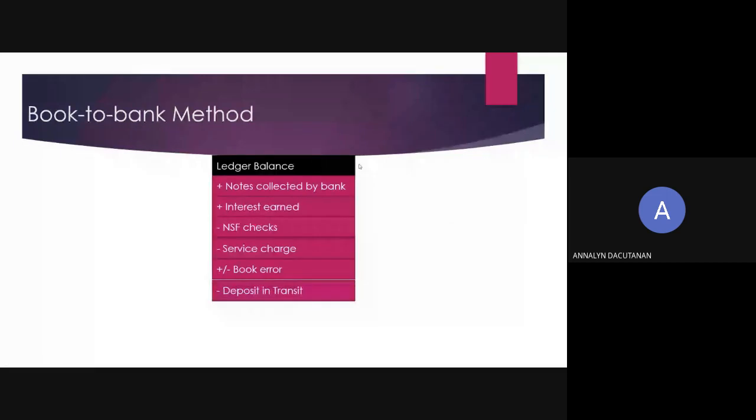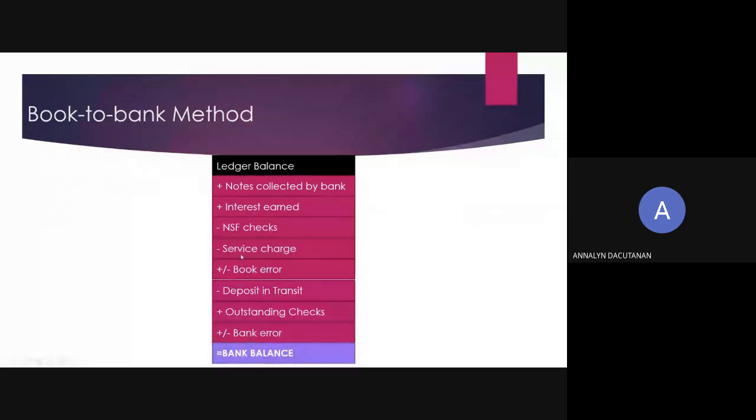So minus deposit in transit, plus outstanding check, plus or minus bank error, and we will arrive at our bank balance. It's the same as what we did in bank to book; you do the same in book to bank. All you need to remember is the effect of these reconciling items.